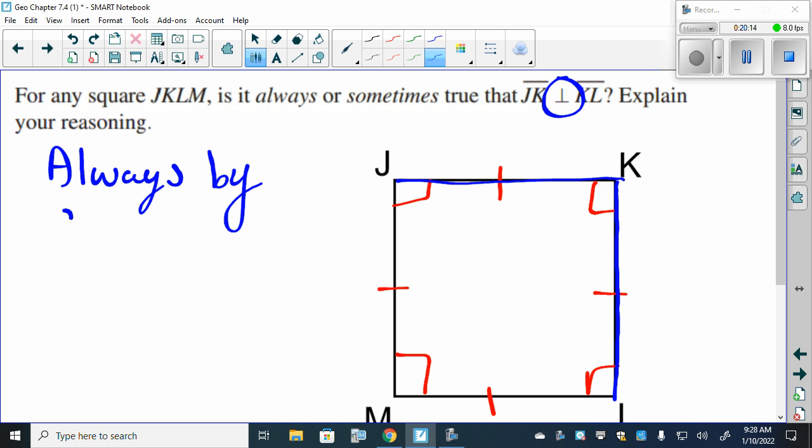And this here we can say by the square corollary. Make sure I spell this right. Corollary. Yep, already spelled it wrong.